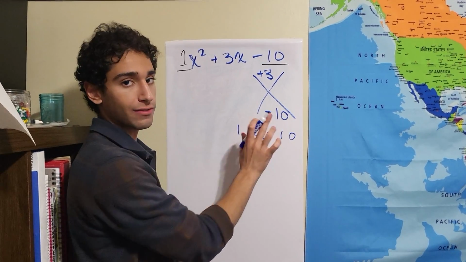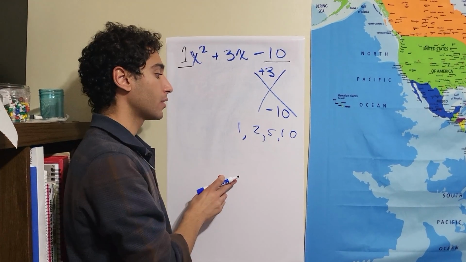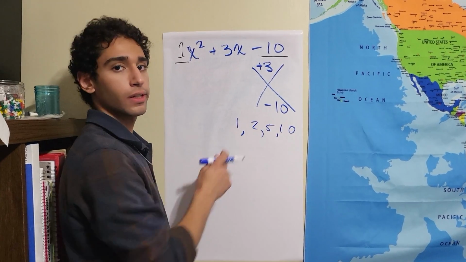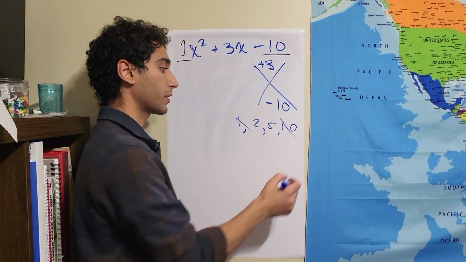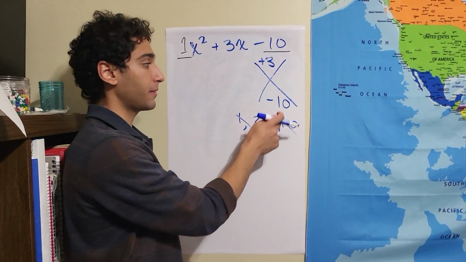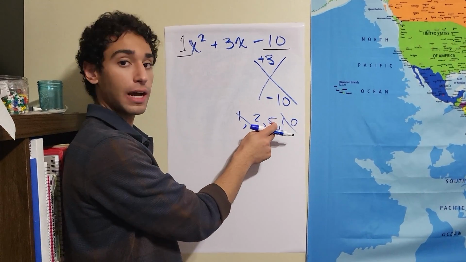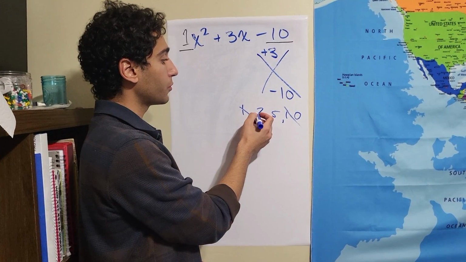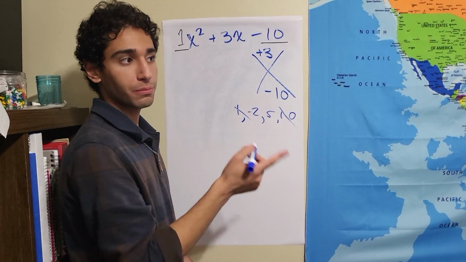And one of them is going to have to be positive and the other negative. So 1 times 10 is 10, but 1 plus 10 is not 3. Doesn't work. 2 times 5 is 10. 2 plus 5 doesn't work, but if we do negative 2 plus 5, that does work.